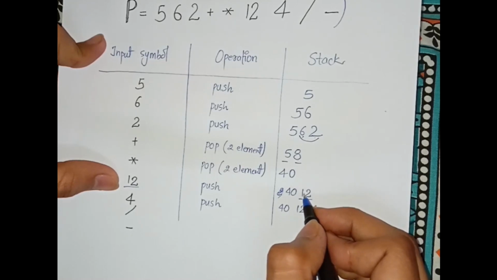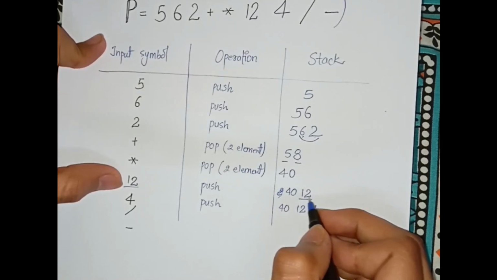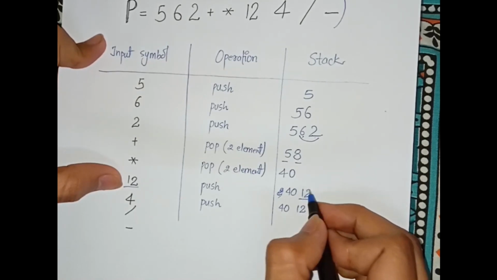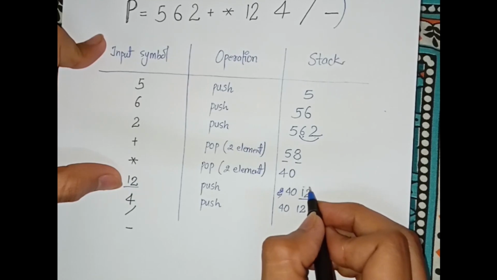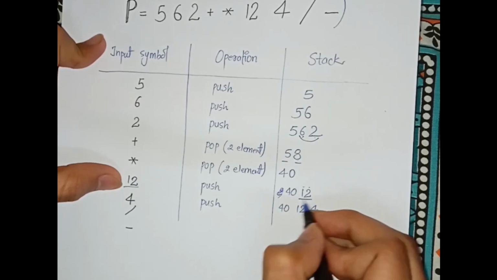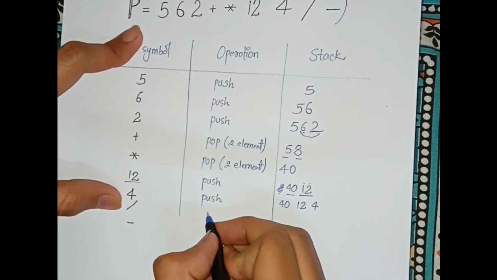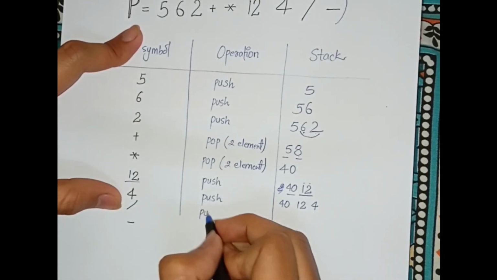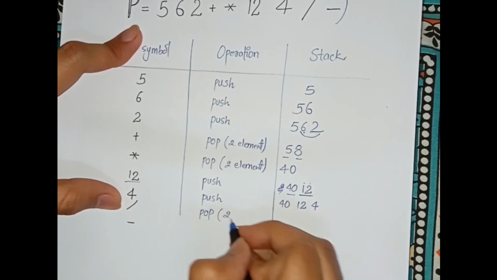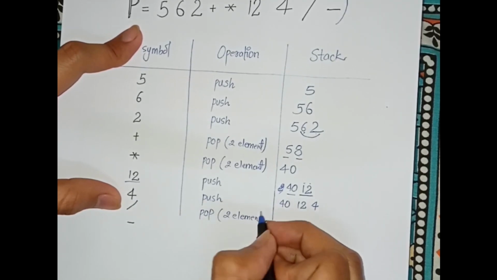Meaning if you are getting an operator to perform, don't do the operation between these 2 digits, take the whole as a number. Okay, so now here it is again an operator, so we will do the pop for the last 2 top elements.